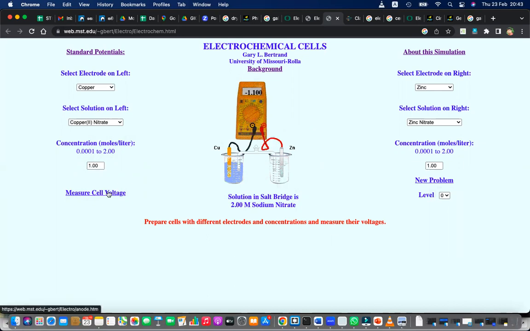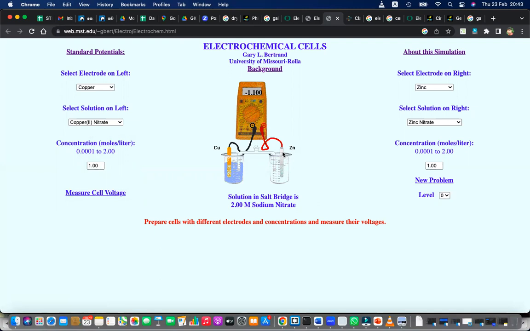Here, it's automatically connected. Actually, zinc is connected to plus, copper is connected to minus. So this is a multimeter, a digital multimeter. You have to measure the cell voltage. It is minus, right? Can we change the side?